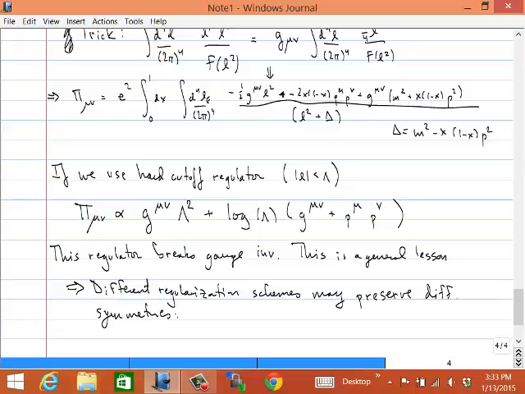So for example, we already know that the hard cutoff regulator breaks Lorentz invariance, okay, because it introduces its other energy scale. And we now see that it also breaks gauge invariance. So what we would really like is a regulator that preserves gauge invariance.